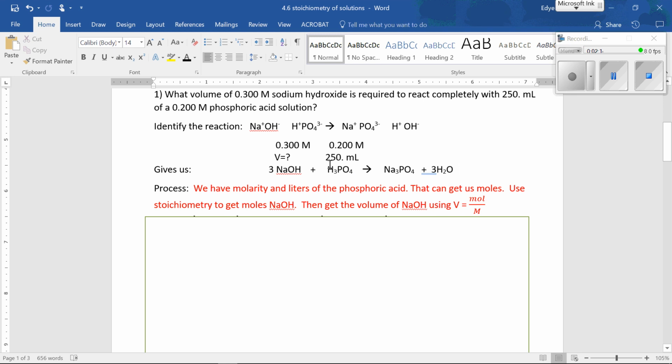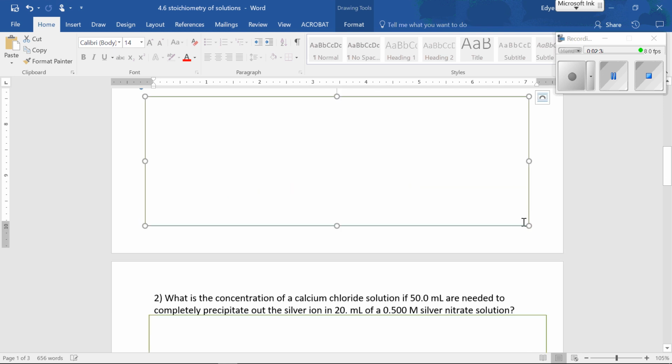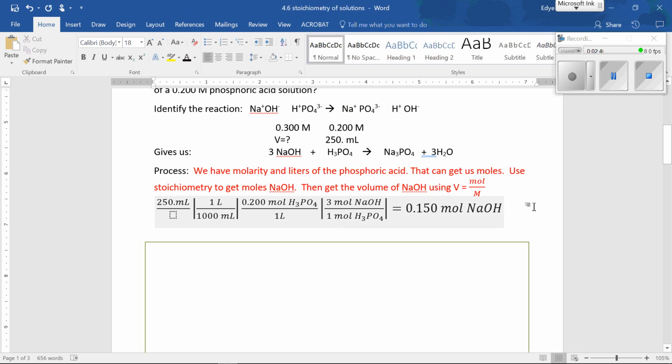This can get us to moles. We'll use stoichiometry to get from moles of phosphoric acid to moles of sodium hydroxide. And then once we have moles of sodium hydroxide, we can get the volume. This is the unknown piece. Using volume is moles over molarity because we have the molarity of the NaOH. All right, so I'm going to solve it that way first. And I'll show you another way to solve this.